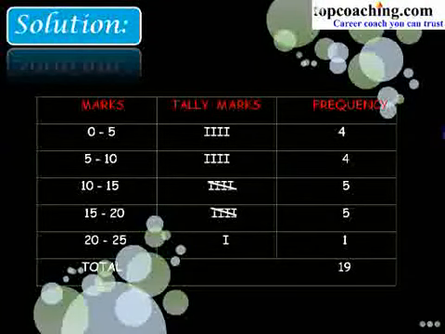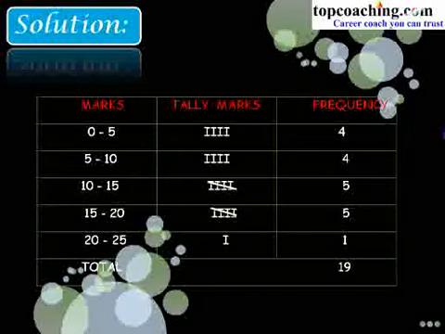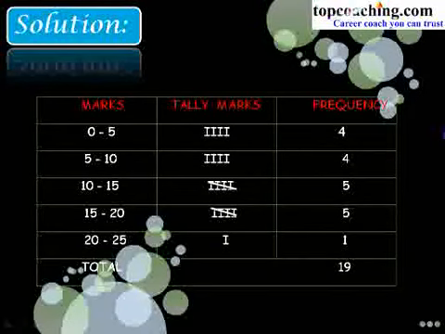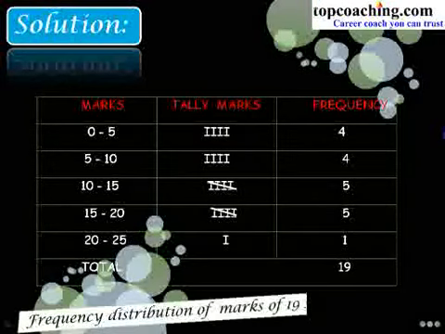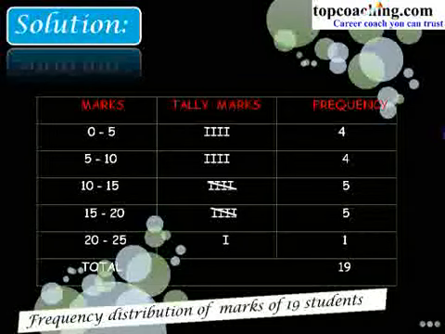Again, there were 5 students who got marks between 10 to 15. Again, there were 5 students who got marks between 15 to 20. And there was only 1 student who got marks between 20 to 25. So, the addition of frequencies is 19. So, we can say our frequency distribution table is 100% correct. So this is a frequency distribution of marks of 19 students.